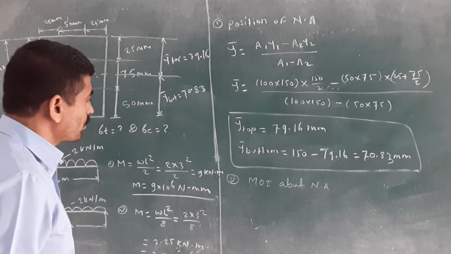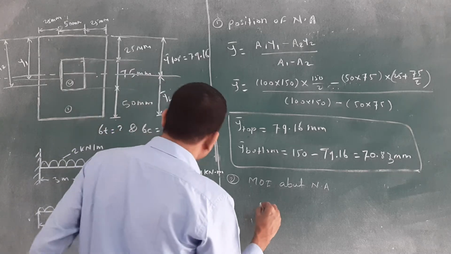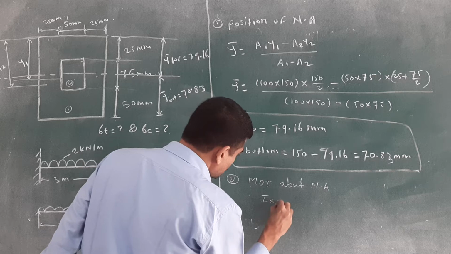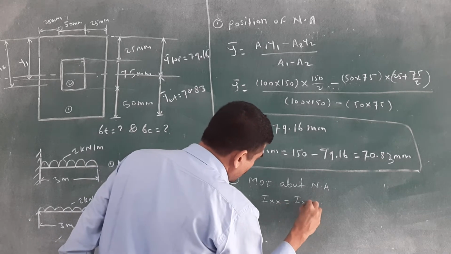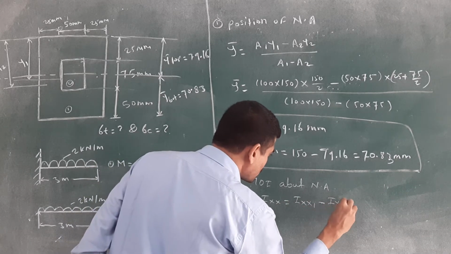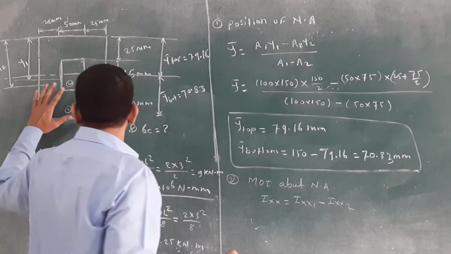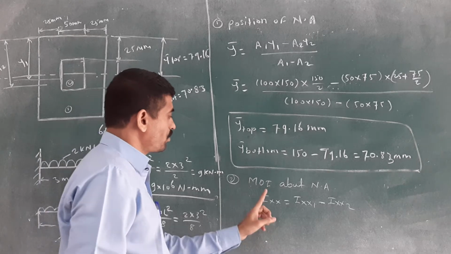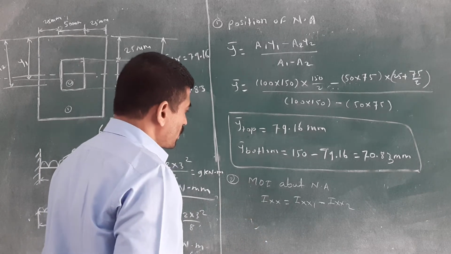How to calculate that? Again, we consider two components, one and second one. Ixx is equal to Ixx1 minus Ixx2. We subtract the smaller component from the bigger component, then you will get the moment of inertia about the neutral axis.